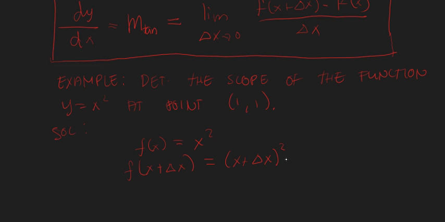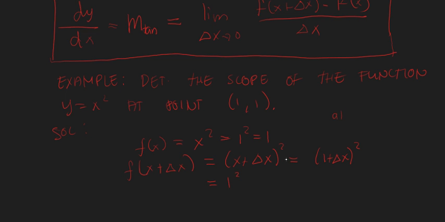Composition. And to simplify this one, because we know x, we can directly substitute the value. X is equal to 1. So this will be 1 plus delta x squared. And f of x is also equal to 1 squared, or is this equal to 1? So here, f of x plus delta x now will be 1 plus delta x squared. We expand this one.